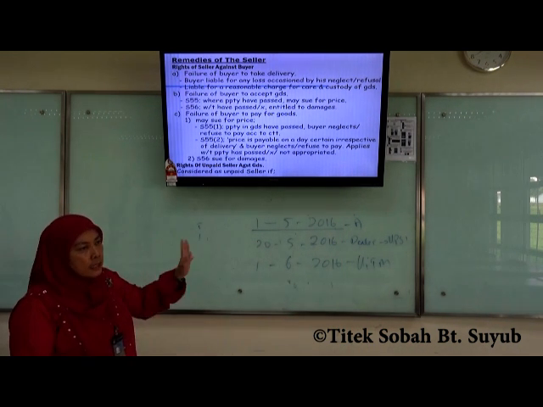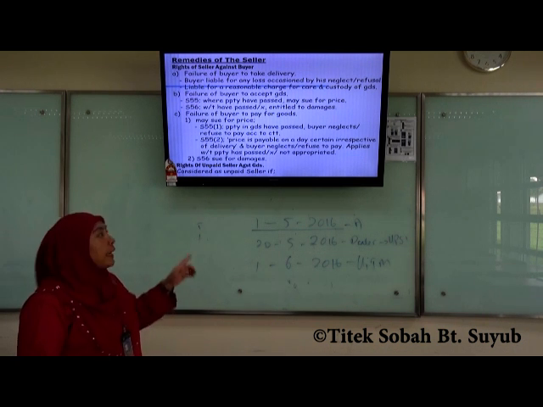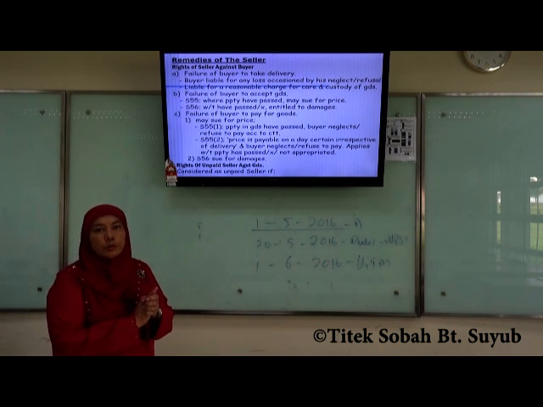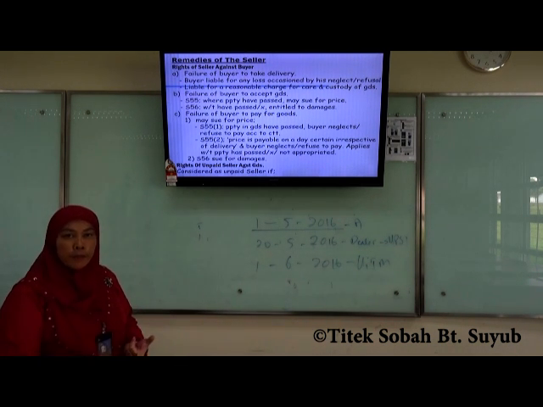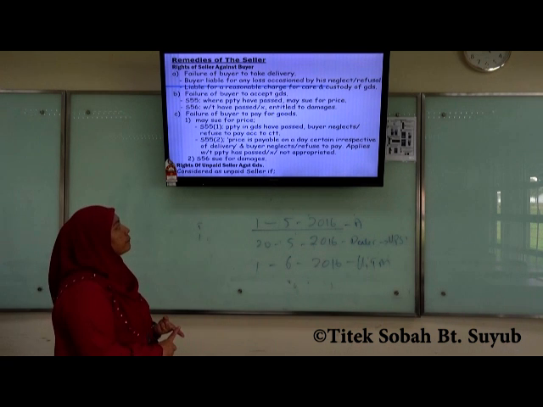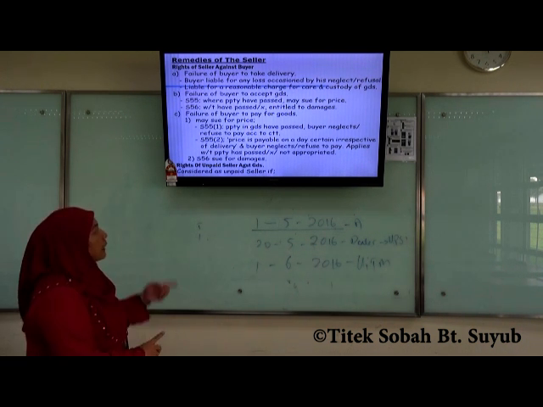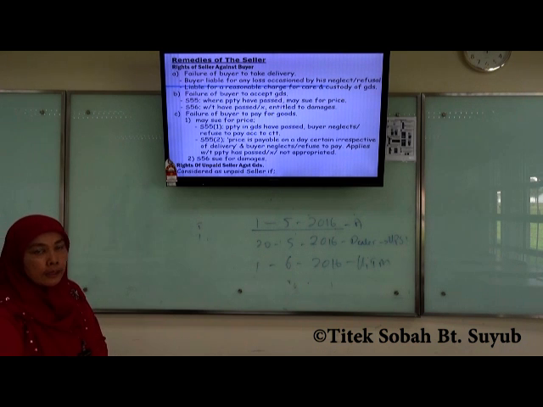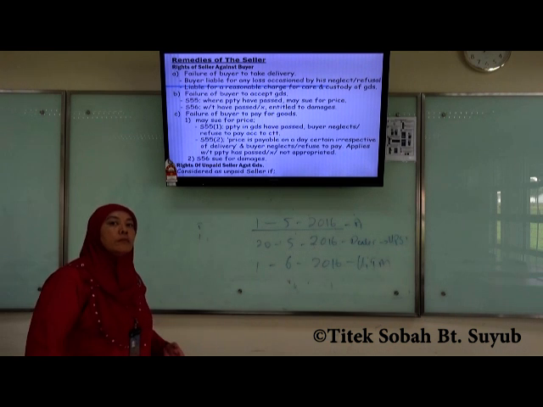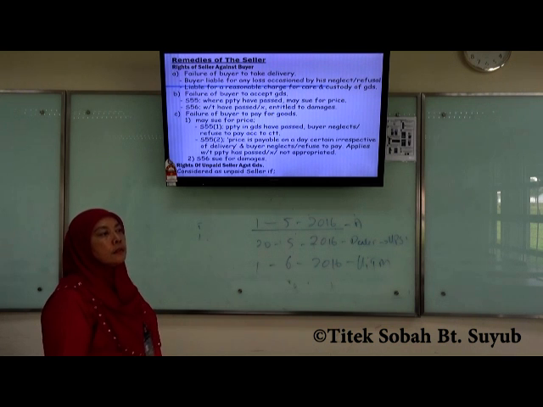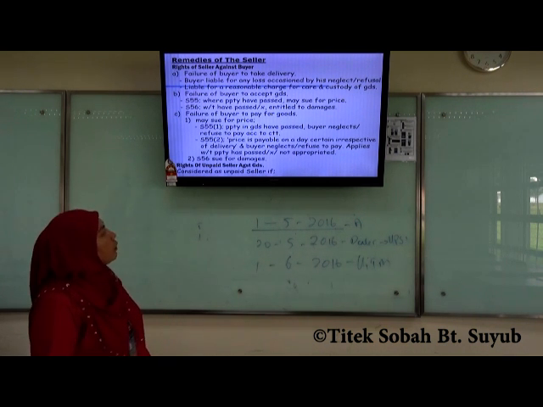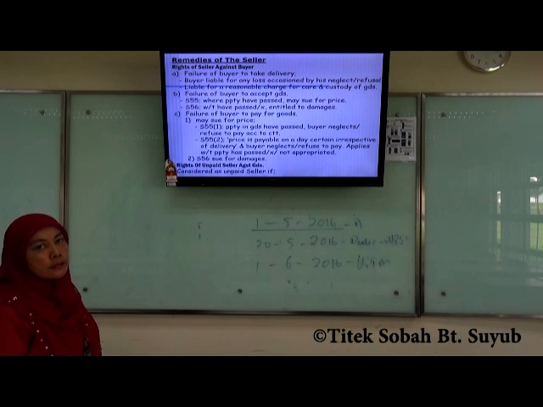And thirdly, this is normal, this is the most common, failure of the buyer to pay for the said goods. So what can be done by the seller then? Of course, the seller can sue the buyer for the price, especially if the property in the goods had already passed to the buyer and the price has not been settled, or if the payment needs to be done within a certain period of time and the buyer did not pay the price within that period, then under that situation, the seller can sue for the price of the said goods.